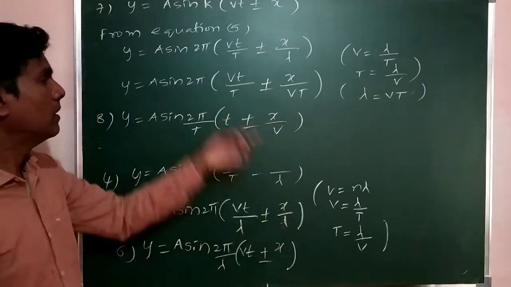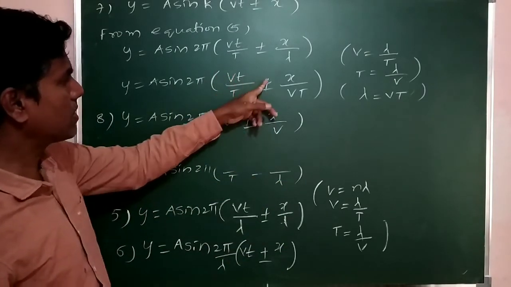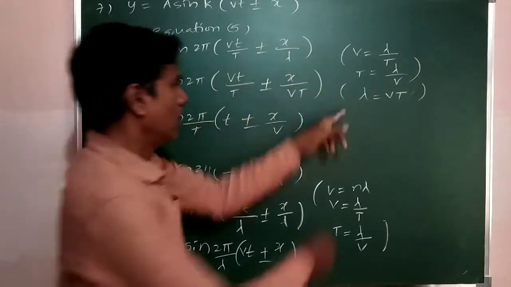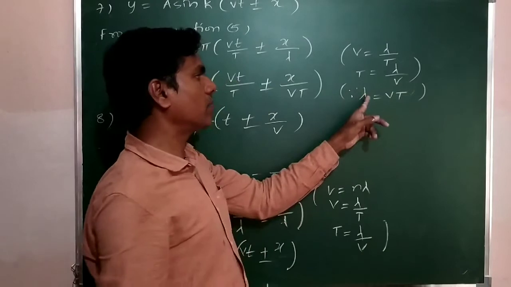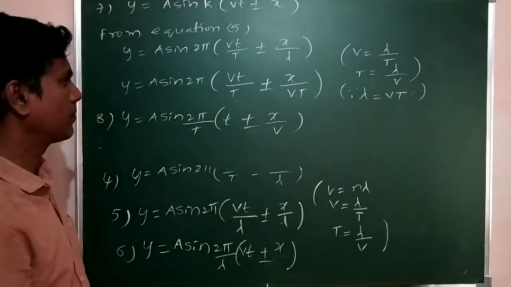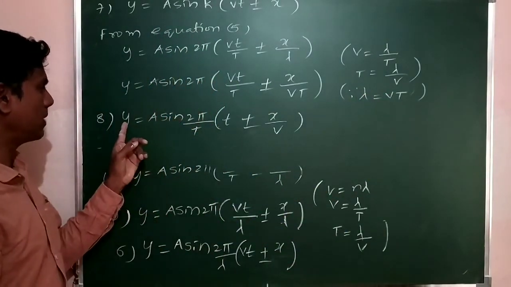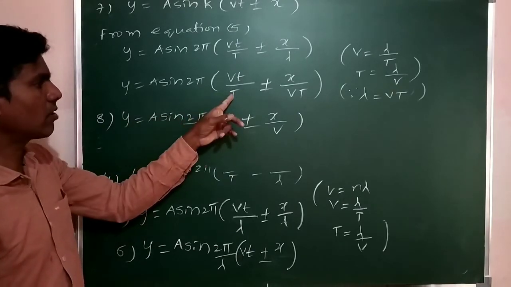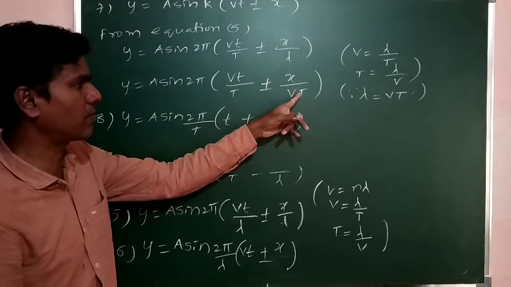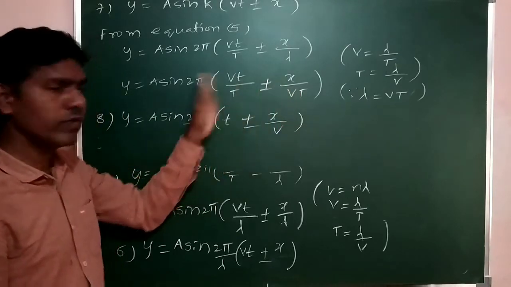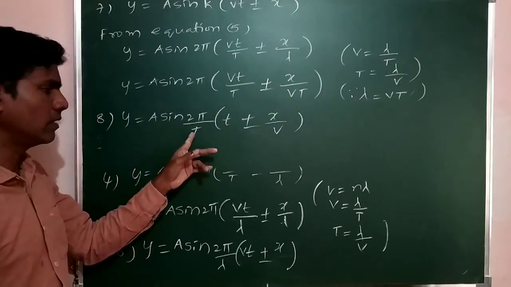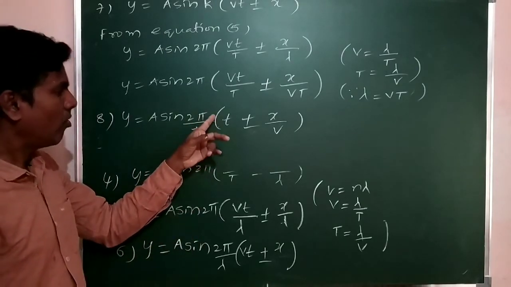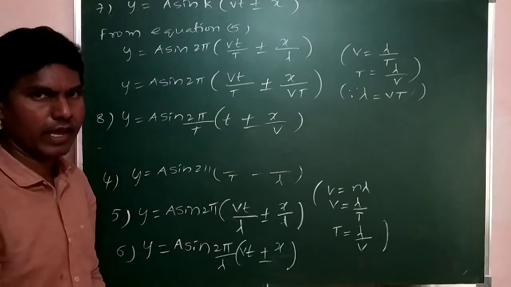It's very simple. Where the place of lambda, we substituted lambda equal to vT. Capital T is common, so we have taken capital T outside the bracket, 2 pi by T of t plus or minus x by v.